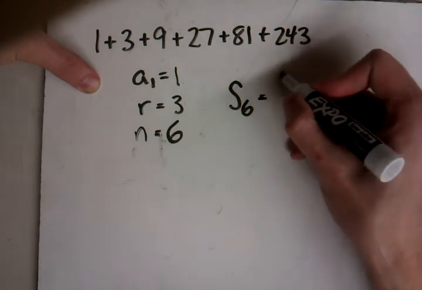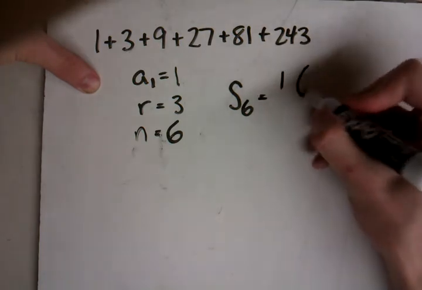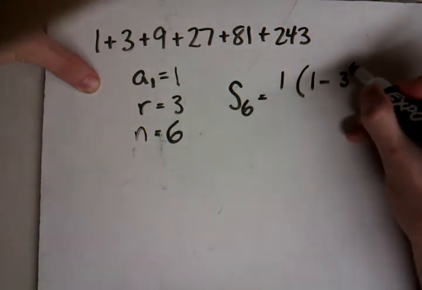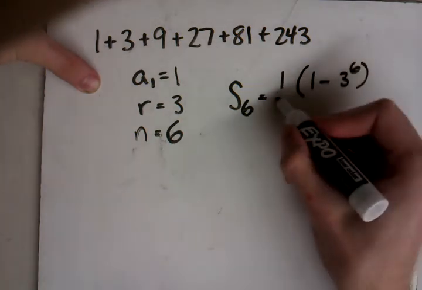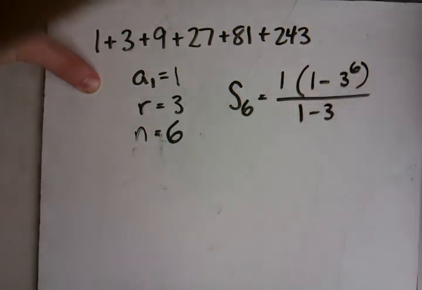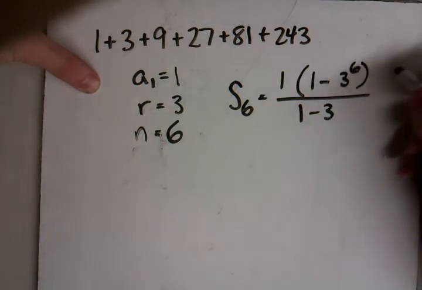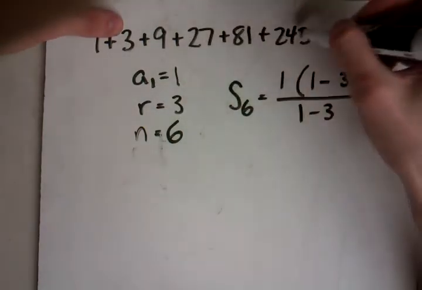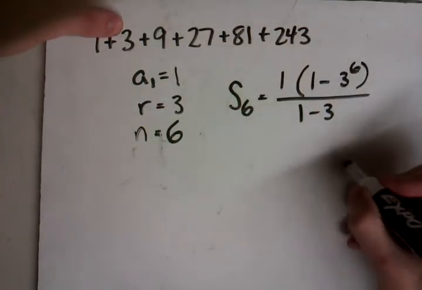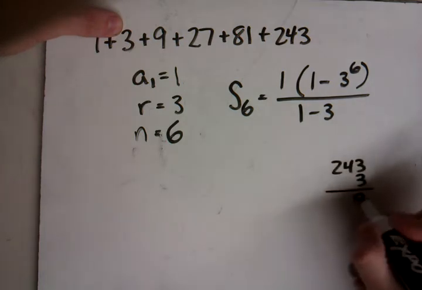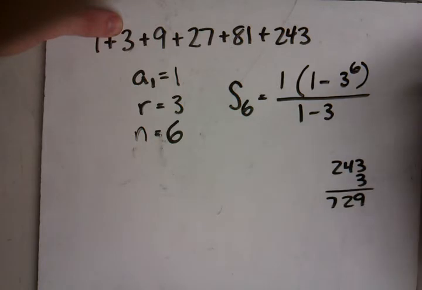It would be a1 times 1 minus r to the n power, all over 1 minus r. Now, I didn't even know what 3 to the 6th is. Well, I know this is 3 to the 1st, 2nd, 3rd, 4th, 5th. If I multiply that by 3 again, I'll get 3 to the 6th. So 729.